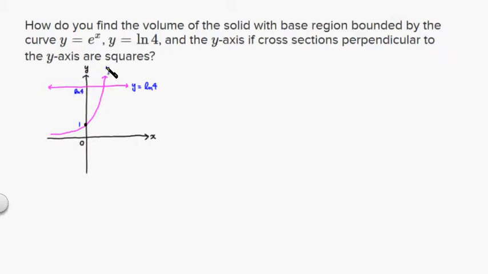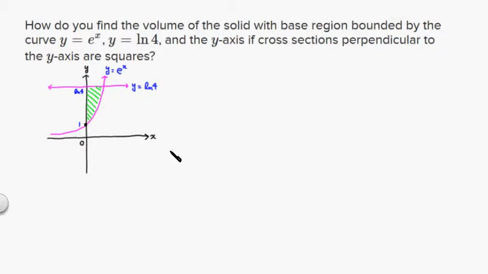This guy is y equals e to the x, and the y-axis is right there. So you can see that the region we're talking about is this region right here. So this is the base region.